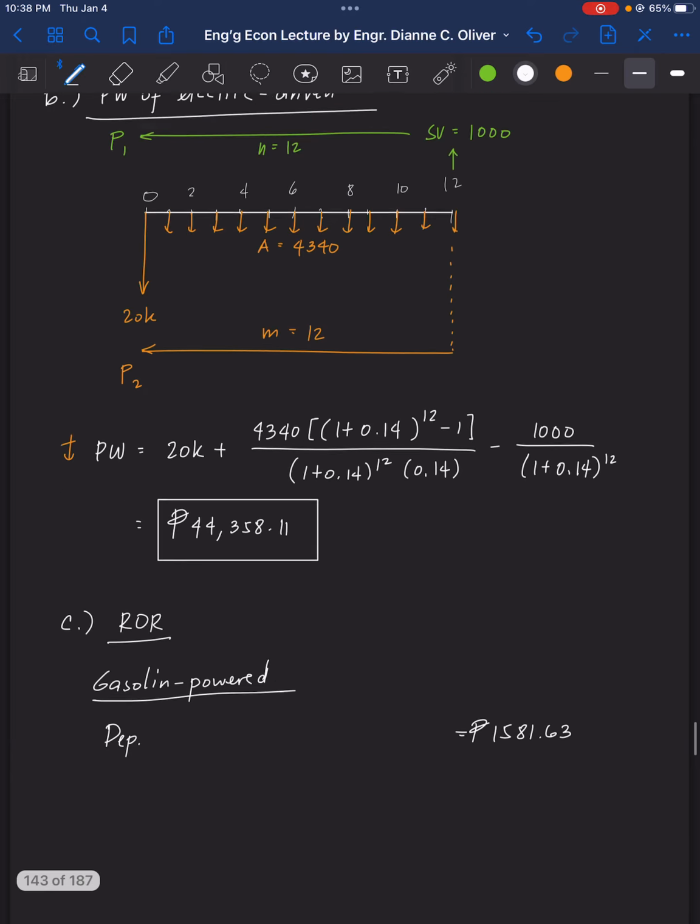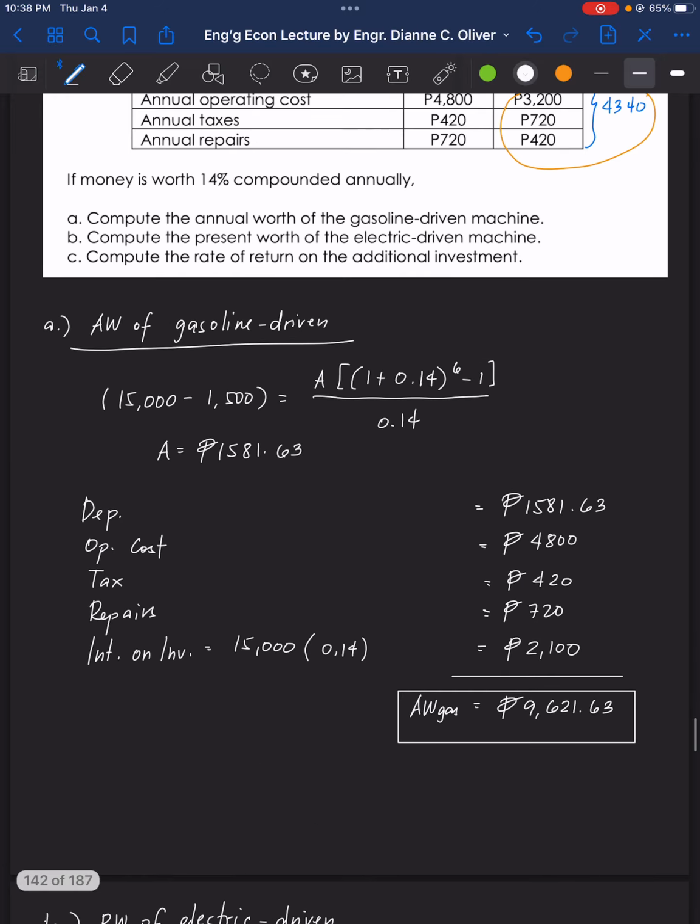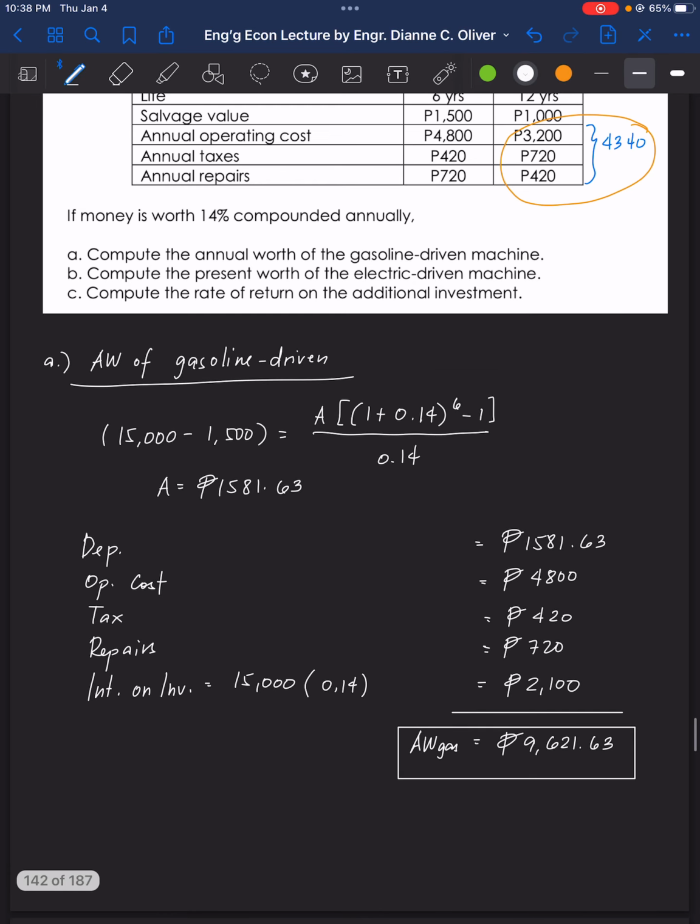Now what's next is the operating cost, tax and repairs.